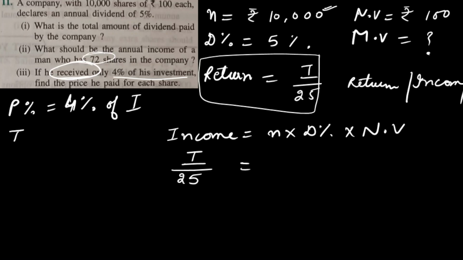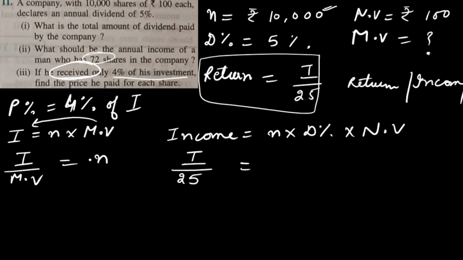I know investment is equal to number of shares into market value. If I shift market value to the other side, it becomes I divided by market value, because n into MV is multiplied, and when shifted it gets divided. So the value of n is I by MV, right?